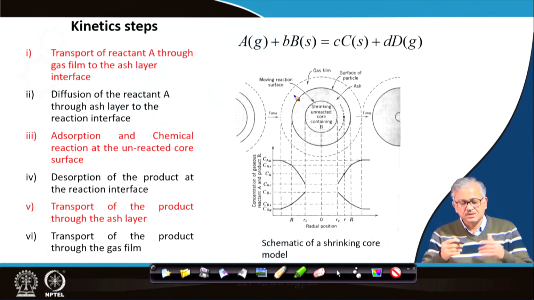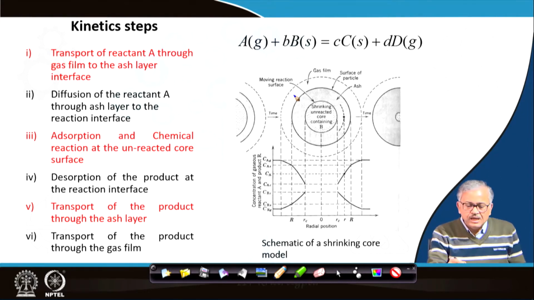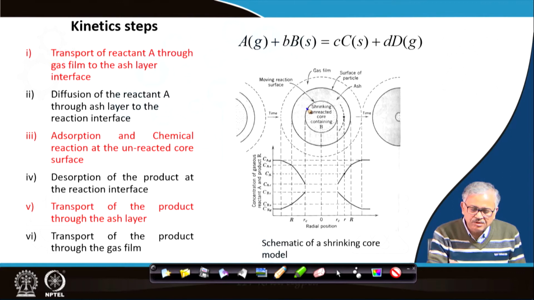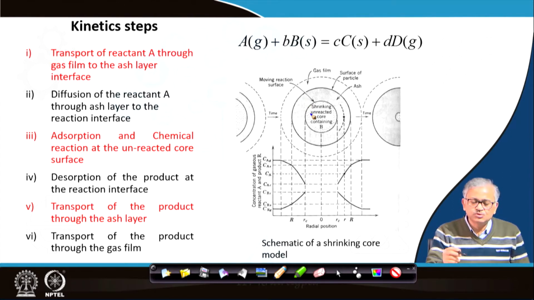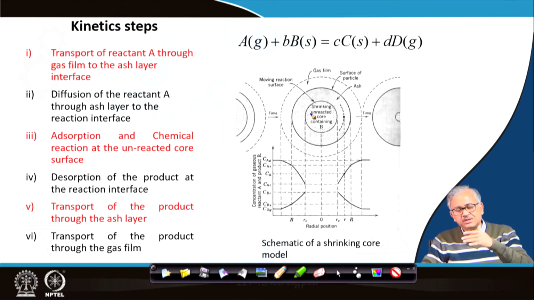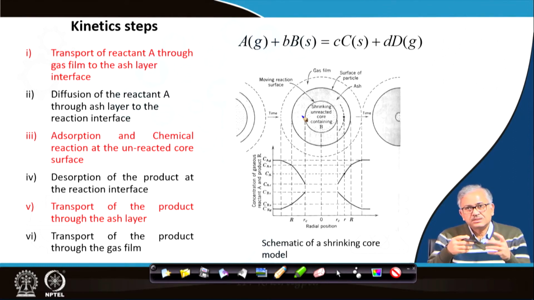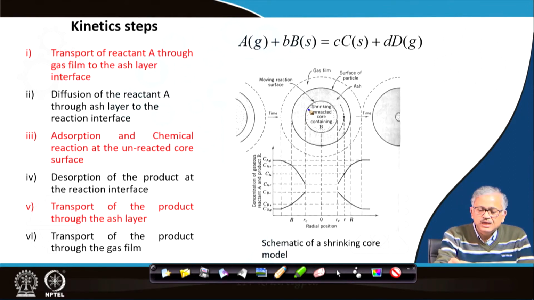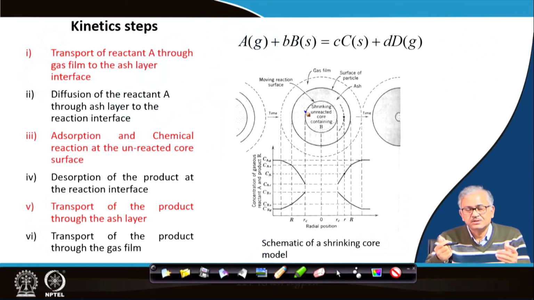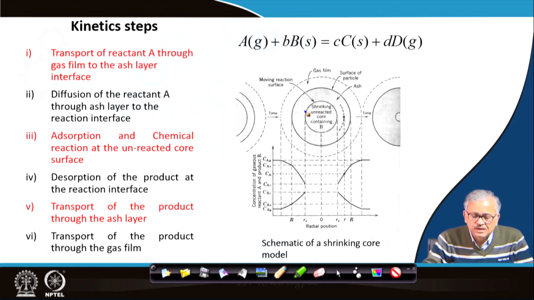Then in the ash layer, A also has to diffuse through the ash layer, so there is ash layer diffusion resistance and another gradient. Then the reactant A reaches the unreacted core surface, where the reaction takes place. There is also chemical reaction resistance, because to attain the equilibrium concentration some resistance is there.